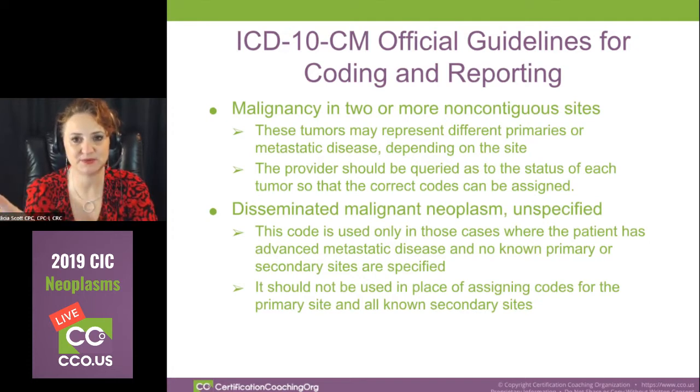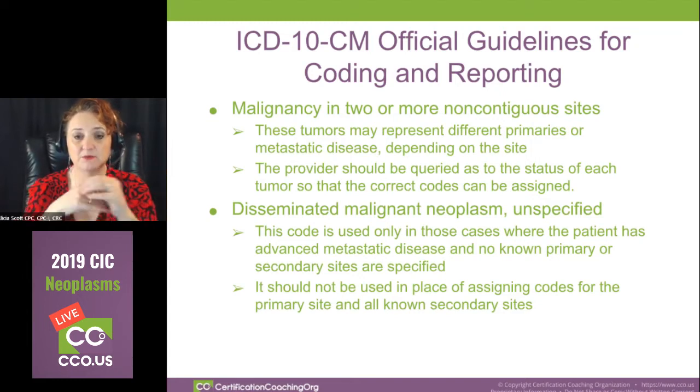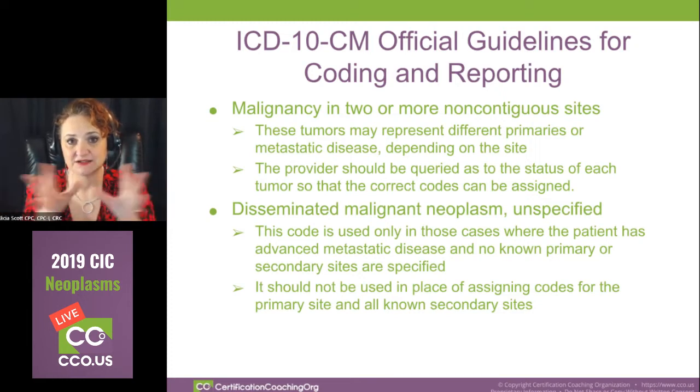For statistical purposes. Is it lung cancer that went to the brain, or is the body just so out of whack that we have brain cancer and lung cancer happening at the same time? And it's malignant because of the type of cells, cells that they know want to move and metastasize, versus benign or in situ.